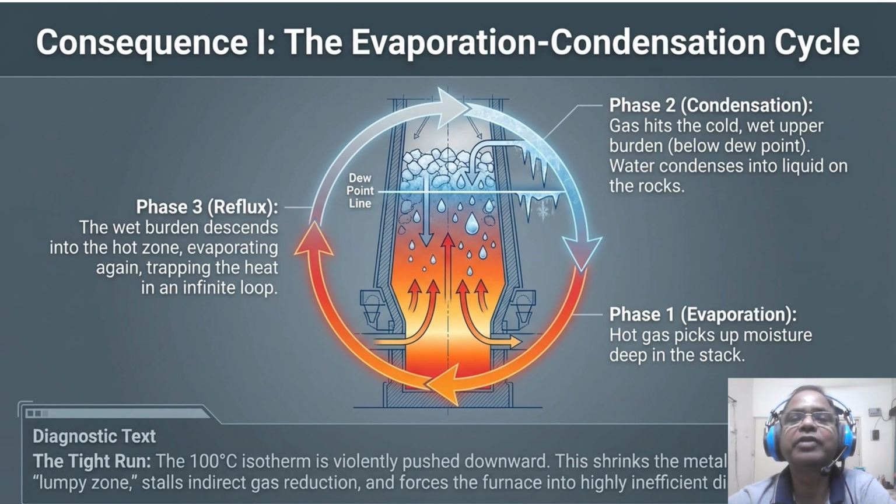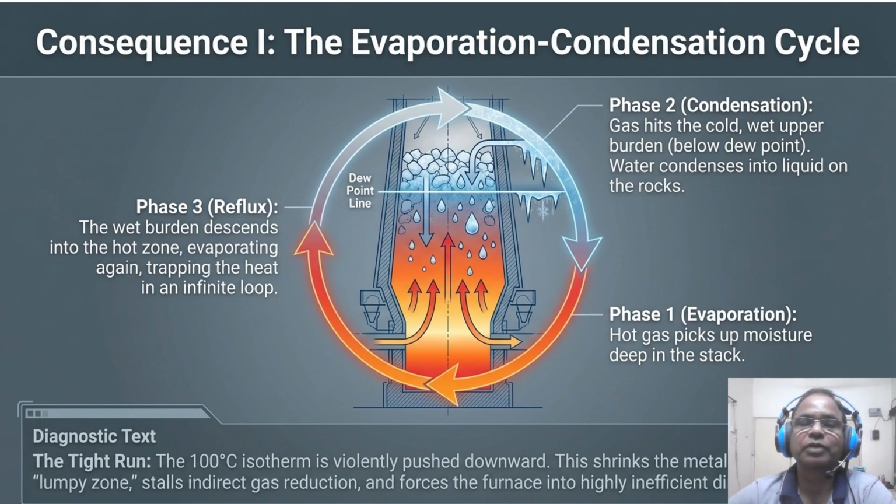These loops violently push the 100-degree isotherm downward, stalling indirect reduction and forcing high cost inefficient direct reduction in the lower stack. So external systems like your gas cleaning plant suffer next.